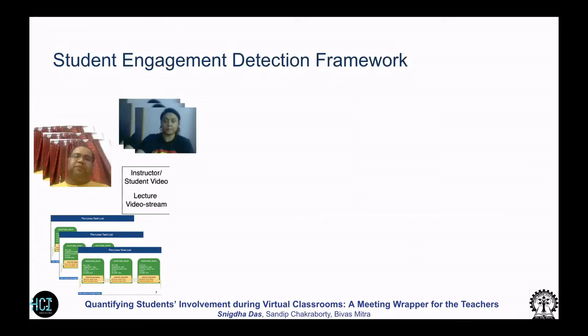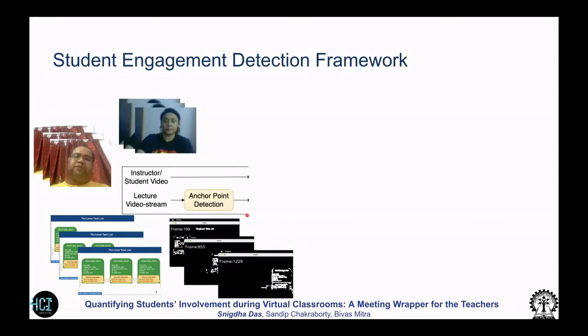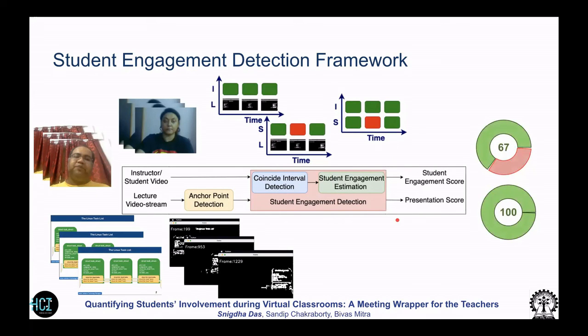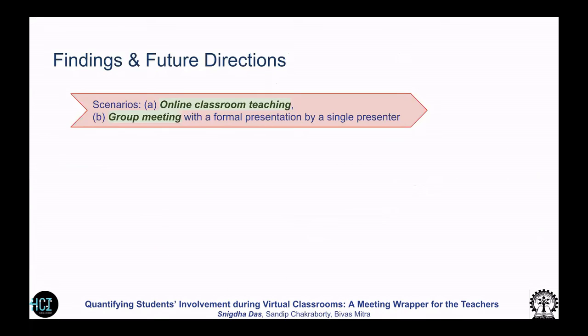So briefly, we have these three video components, then we try to find out the anchor points, and finally we compare the instructor and the students' video feed during the anchor events to get the students' involvement score.